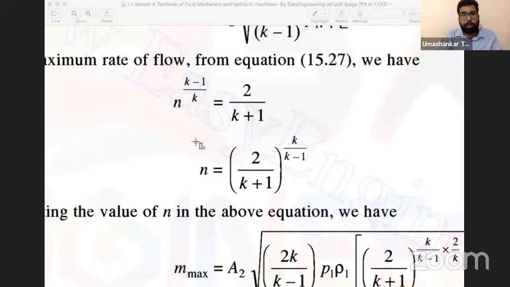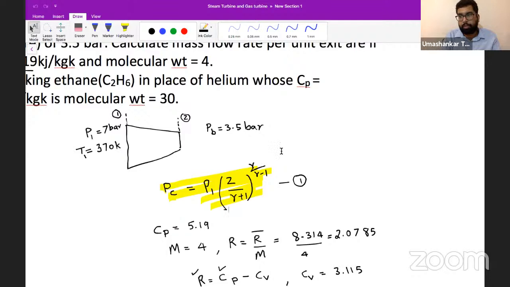Okay, let me now copy it. Please compare both the formulas, the one I have shown you on the pencil and the one I have written over here.